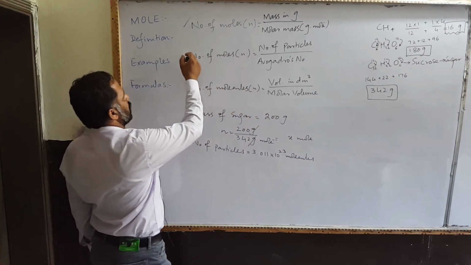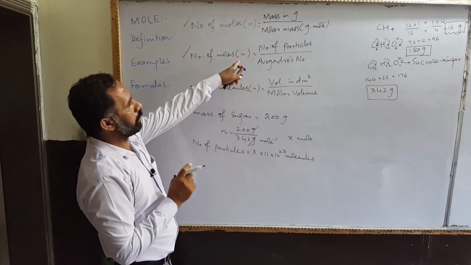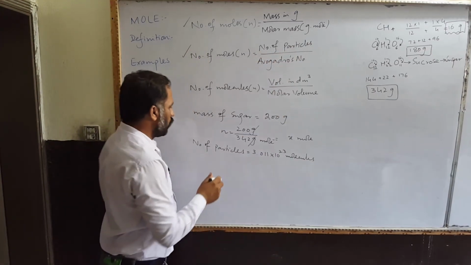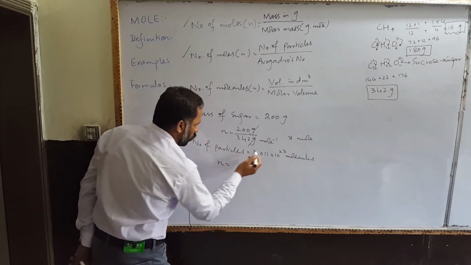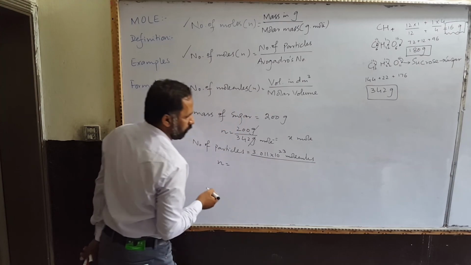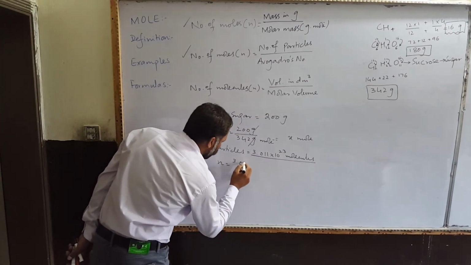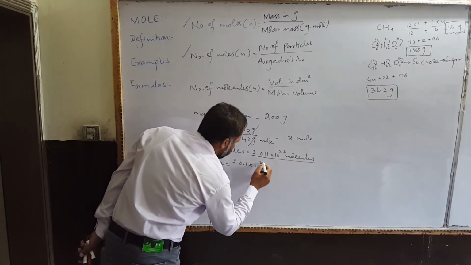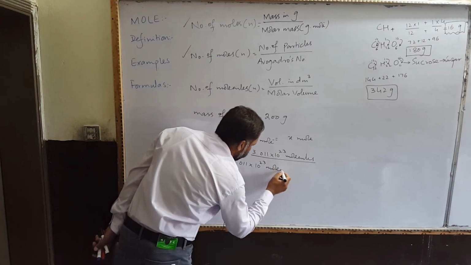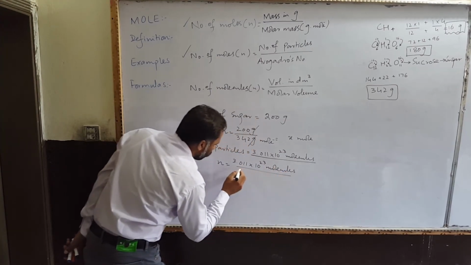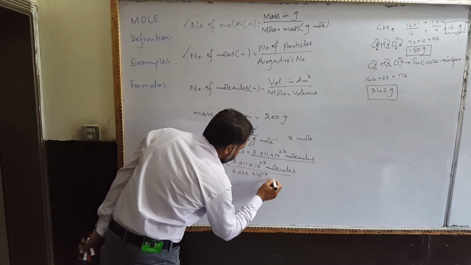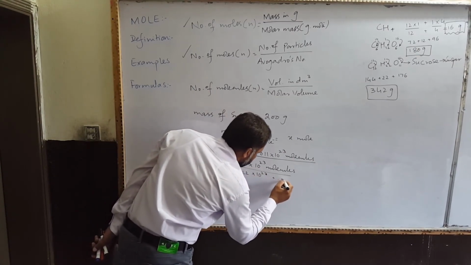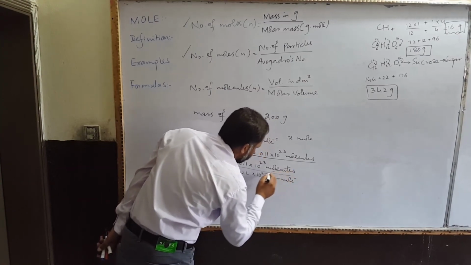We can use the second formula: number of moles is equal to number of molecules, 3.011 10 to the power 23, divided by 6.022 10 to the power 23 molecules per mole.